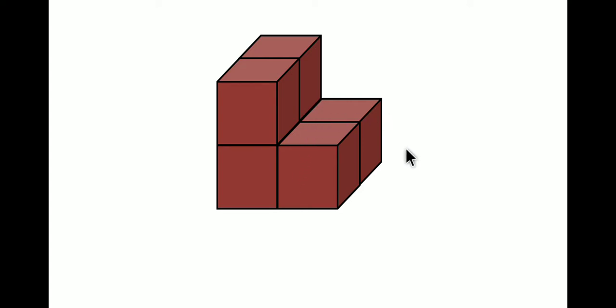If we count how many cubes there are, the first cube is over here, cube number 1, 2, 3, 4, and 5. So there are 5 cubes over here, but there is one cube which is hidden inside, just beneath this cube.